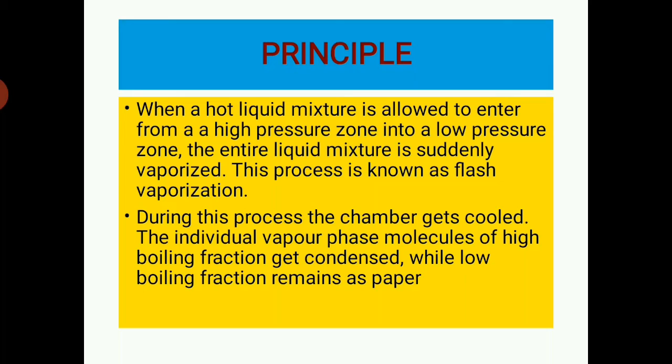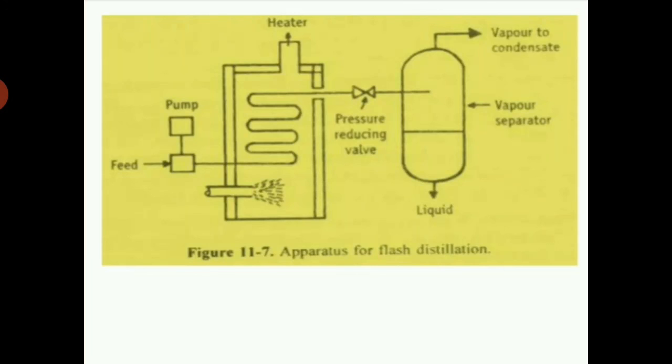A thermometer is inserted into the still. Water is circulated through the jacket of the condenser. Steam is passed through the inlet. The contents are heated gradually. The liquid begins to boil after some time. The vapor begins to rise up and passes into the condenser.